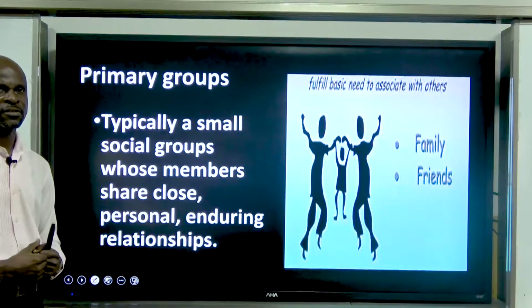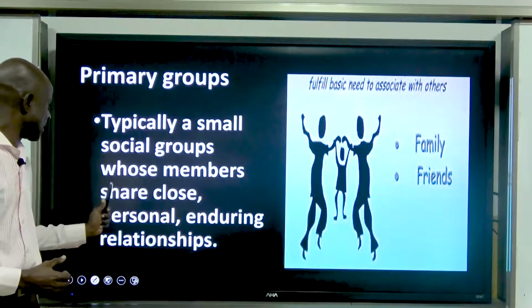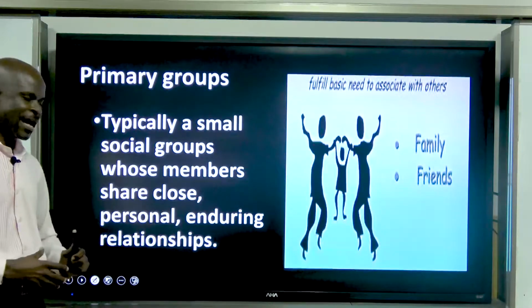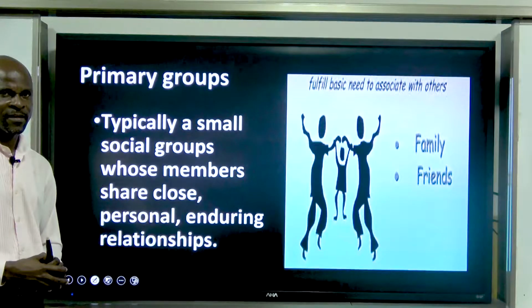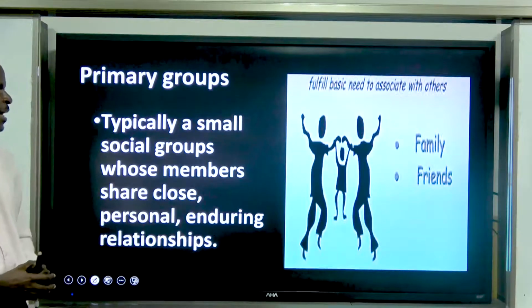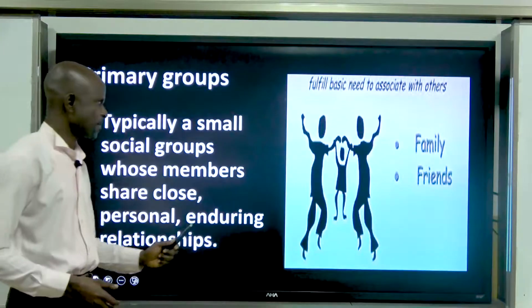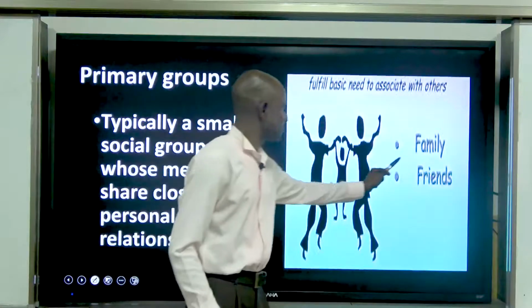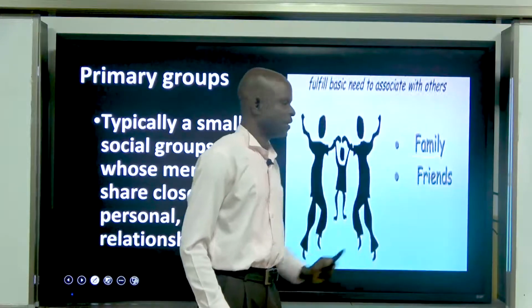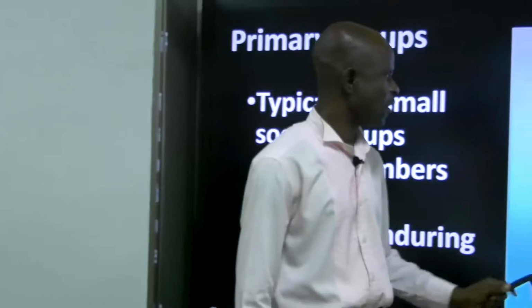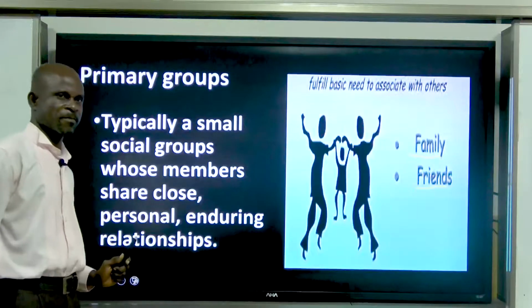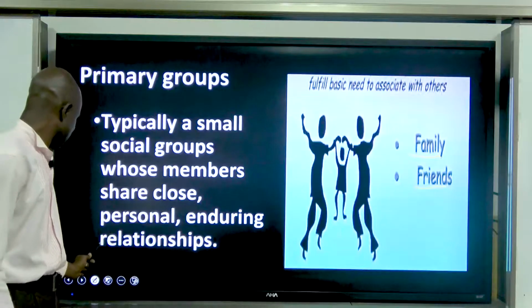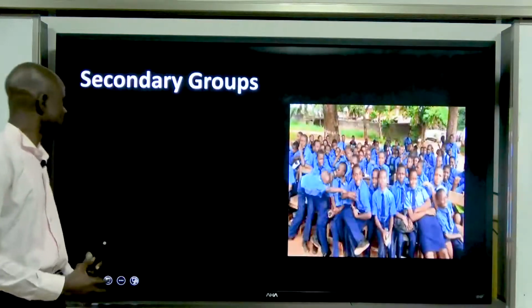They are close, they are personal, and their relationships are enduring. Examples of primary groups is the family, or the friends that we have. Immediate friends that we have.